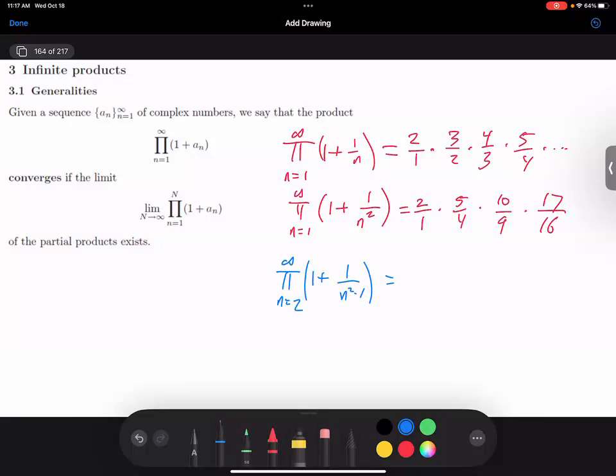So the first piece is going to be 1 plus 1/3. So that's going to be 4/3 or 3/4. What's the next piece going to be? Oh, sorry, 4/4. Sorry, I wrote it the wrong way.